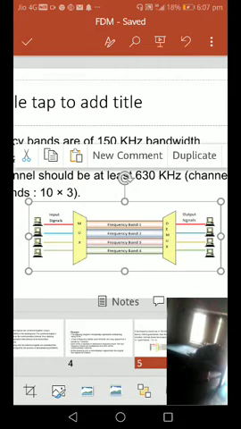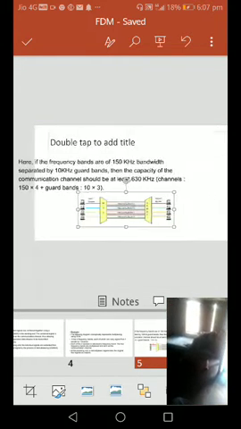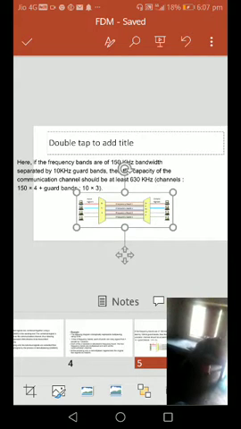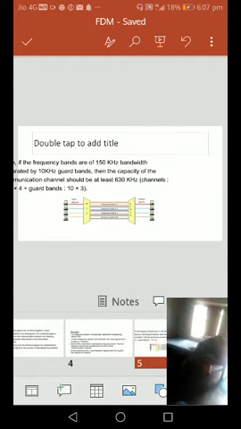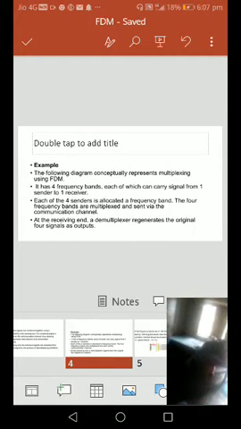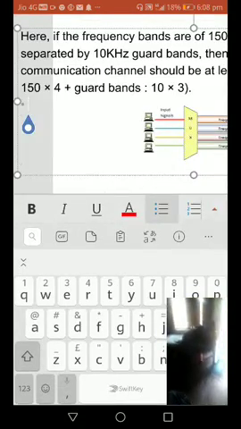They are demultiplexed and demodulated, and the green signal is separated at the receiving end. That is the transmitting and receiving end, the construction of this system with the frequency band example.